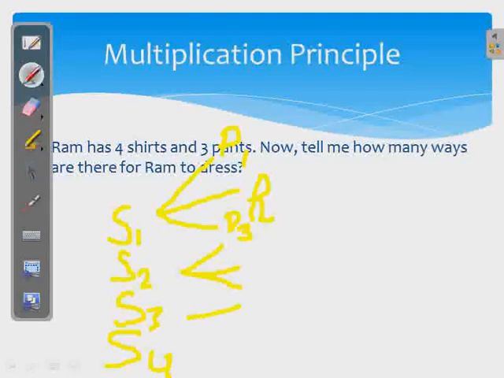With shirt 3 also you can choose any one of 3 pants. And with shirt 4 also you can choose any one of 3 pants. So what does that mean? So he has 1, 2, 3, 4, 5, 6, 7, 8, 9, 10, 11, 12 outfits. He has 3, 6, 9 and 12 outfits. So we got the answer 12.